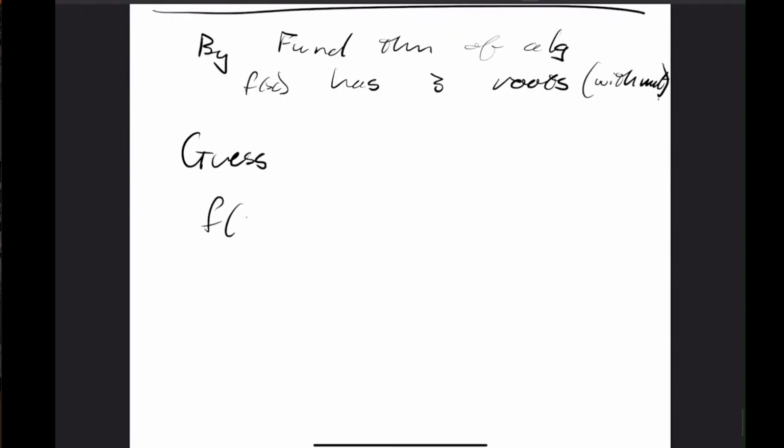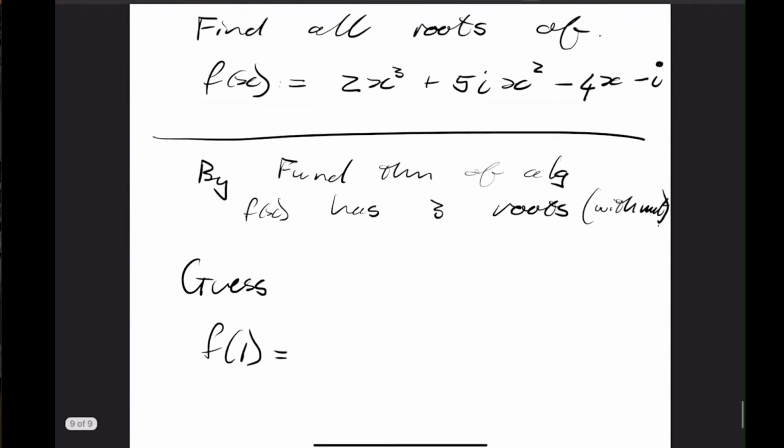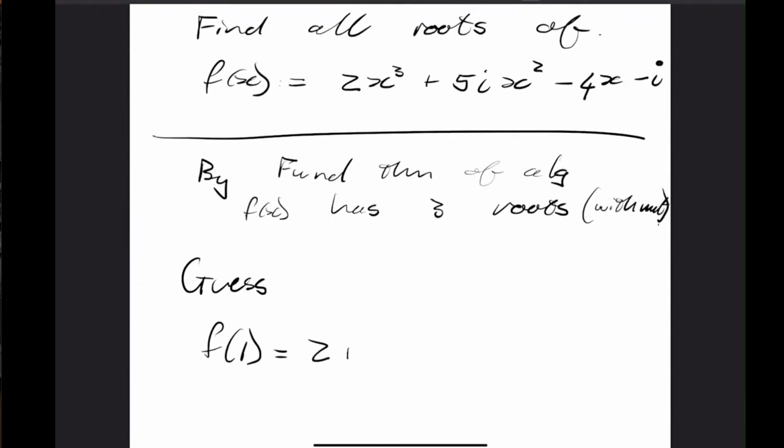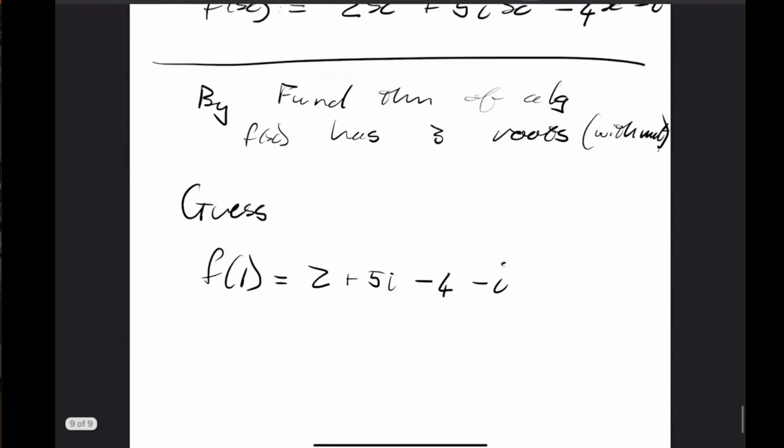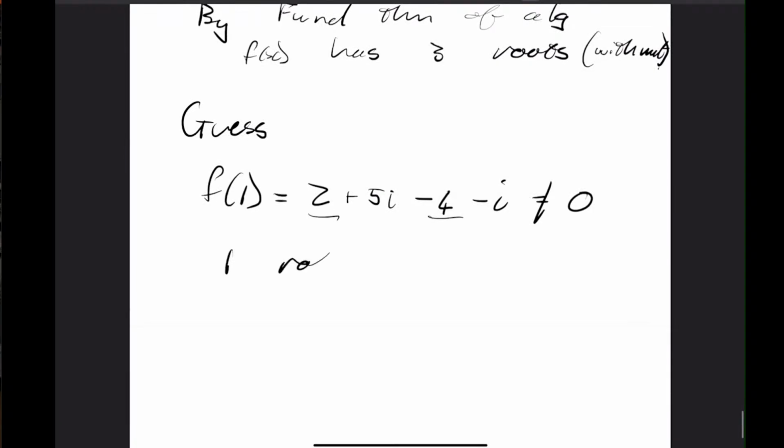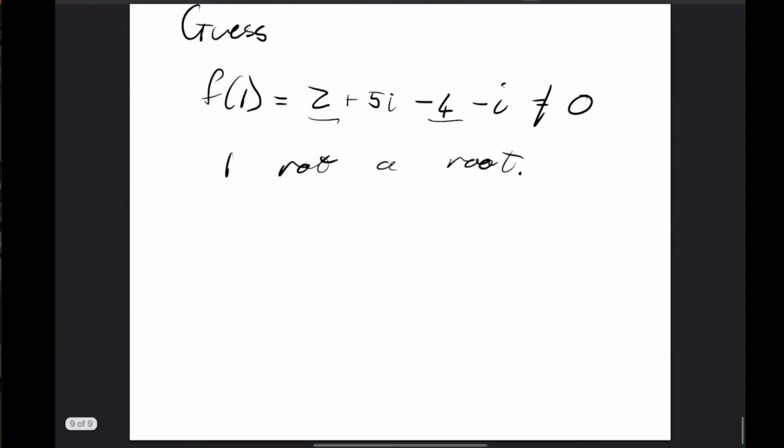So let's guess f of 1. What is that? 2 plus 5i minus 4 minus i. And we can already see the real part is -2. So that's not 0. So 1 is not a root. Okay, so we have to guess again.